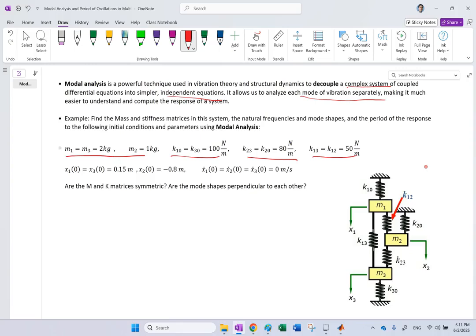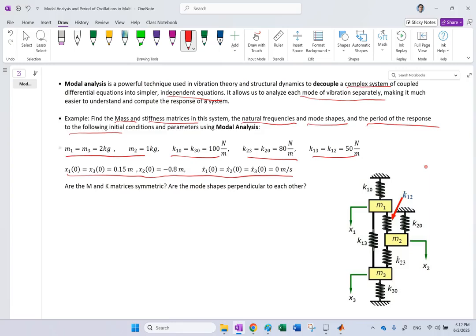And what we want to do is first find the mass matrix in this system and the stiffness matrix in this system, basically the equations of motion. We want to find the natural frequencies of the system, the mode shapes of the system. We want to find the period of oscillation in the system.